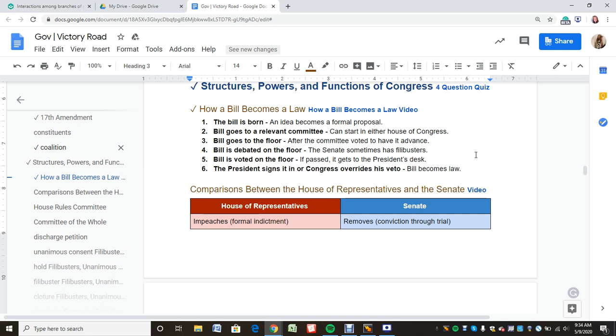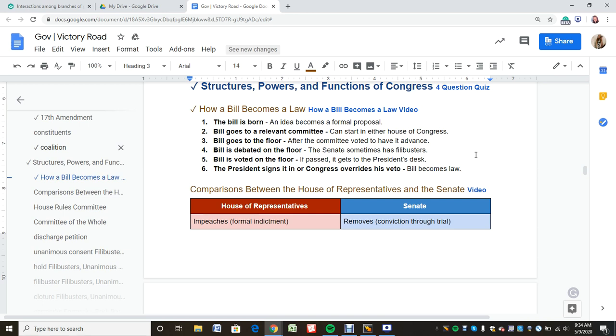But let's go back to our House example. Once the bill passes the House, it goes to the Senate, and once a bill passes the Senate, it goes to the House. All of those proceedings I described would not change. If the bill is passed by both houses, it goes to the president's desk.